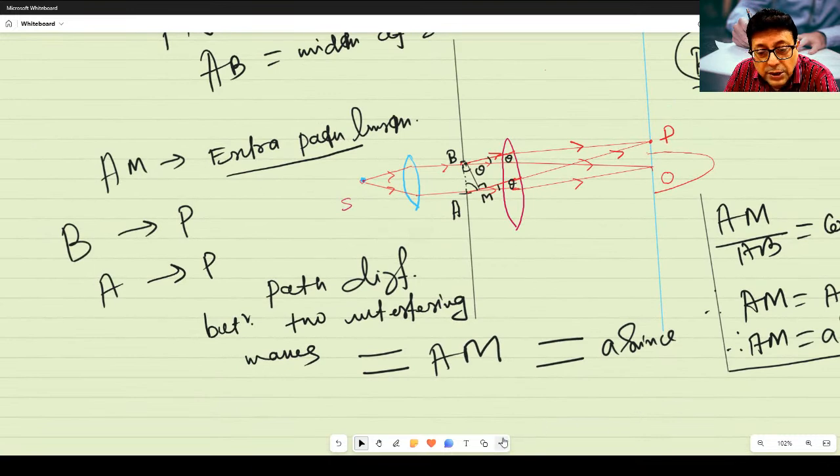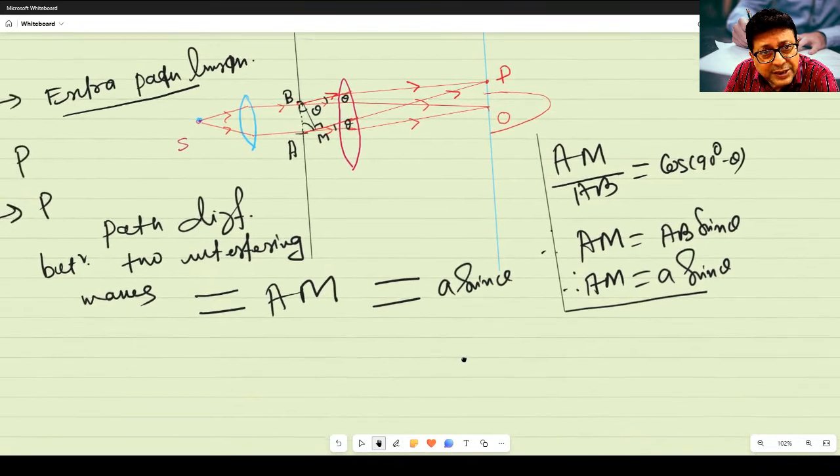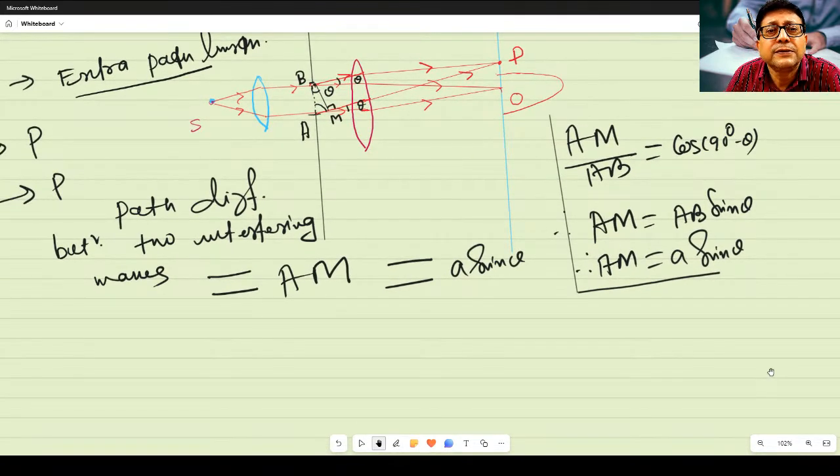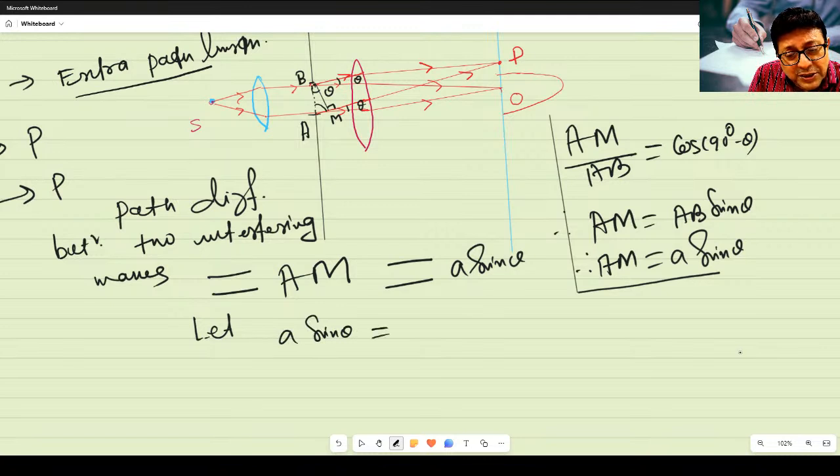Now under what condition will this a sin theta help you to get a maximum or minimum at the point P, that I am going to discuss. Suppose a sin theta is equal to one wavelength lambda.